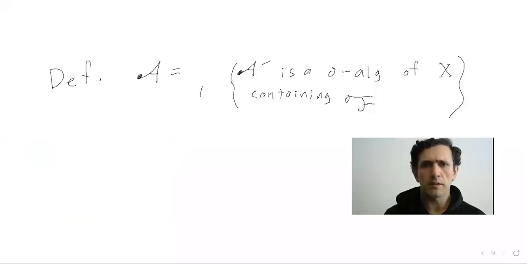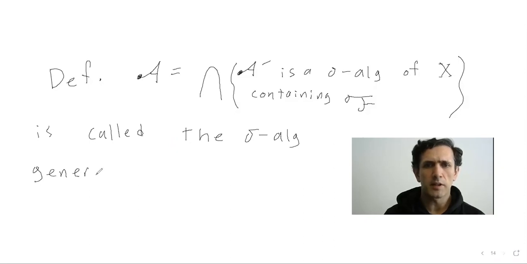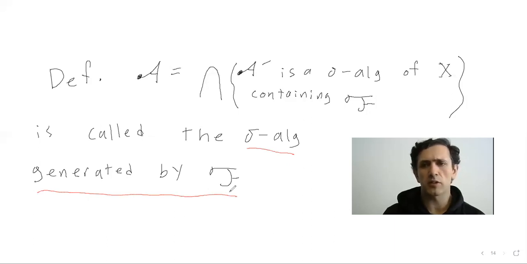Okay. So this is a very important definition. It's called the sigma algebra generated by script F. And again, what we have in mind is a very practical script F, particularly all open subsets of the real line or all closed intervals of the real line, something like that.